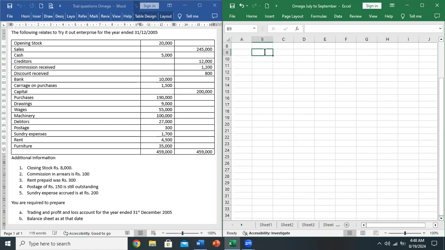So the name of the business, Try It Out Enterprise. We have to prepare the trading and profit and loss account for the year ended 31st December 2005.